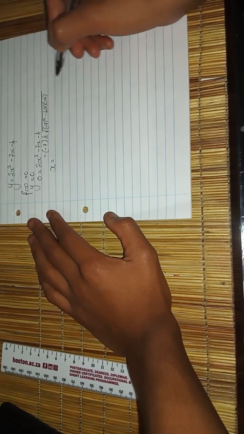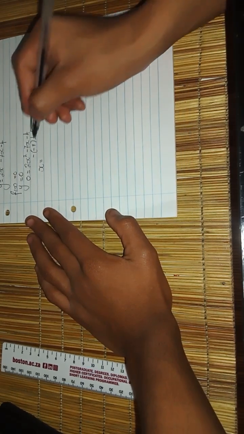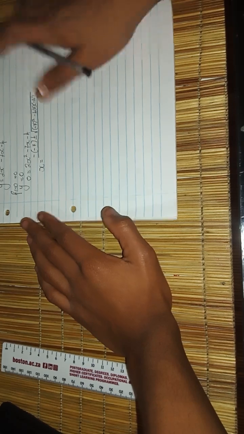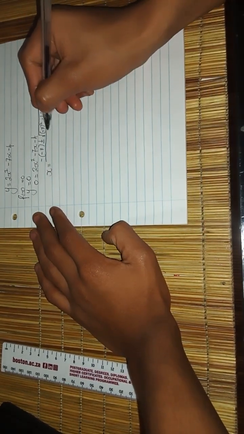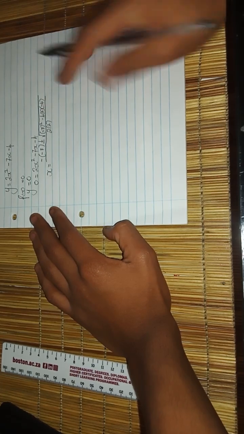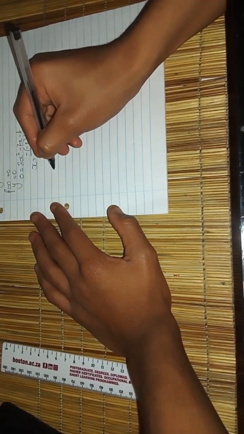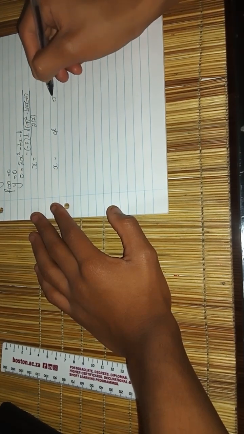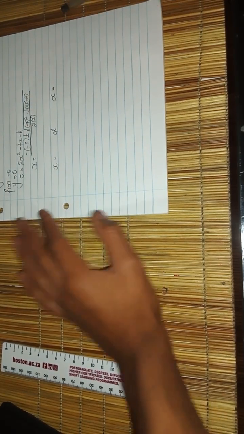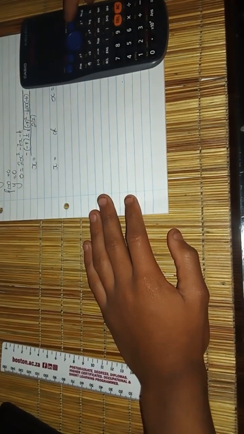Just extend the root over 2a. Now a is 2, so that's going to be like that. Then you just plug it in the calculator and we should find an answer.